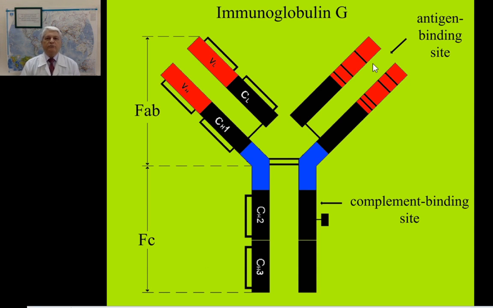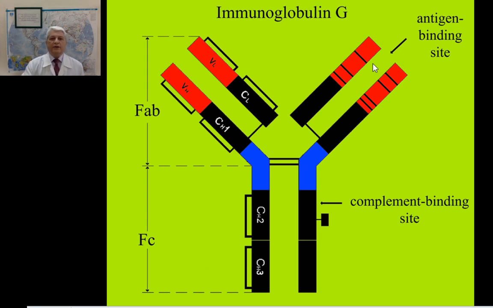As I told you, the whole molecular mass of the molecule of immunoglobulin G from human blood is 150 thousand, and you can simply calculate now the molecular mass of heavy chains and light chains.